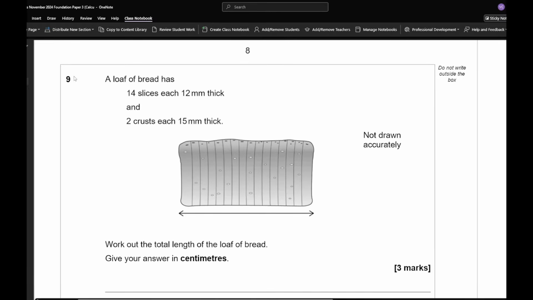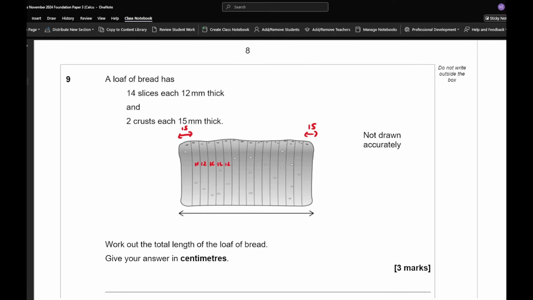Moving on to question 9, it says that a loaf of bread has 14 slices, each having a thickness of 12 millimeters, and 2 crusts, each having a thickness of 15 millimeters. And the question is asking us to work out the total length of the loaf of bread. Give your answer in centimeters. So this length here is 15, so our 2 end pieces are 15. And each of these individual parts are 12.